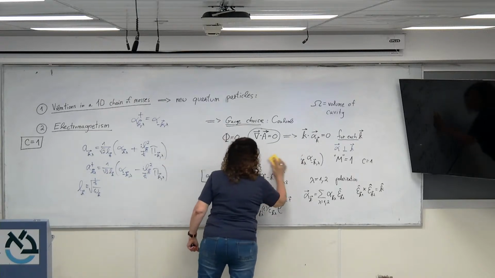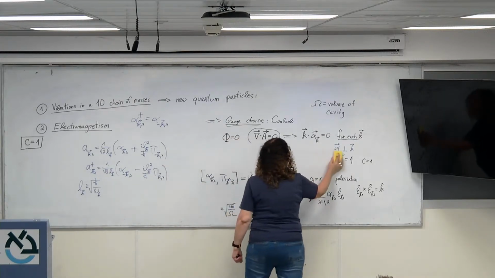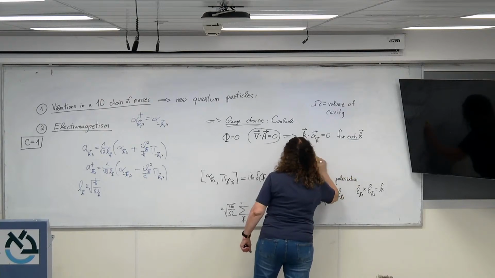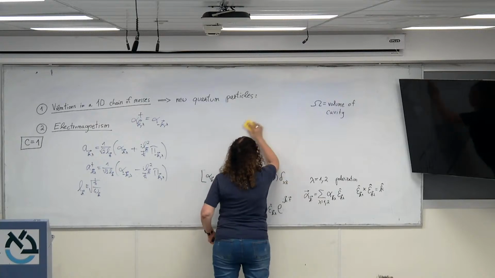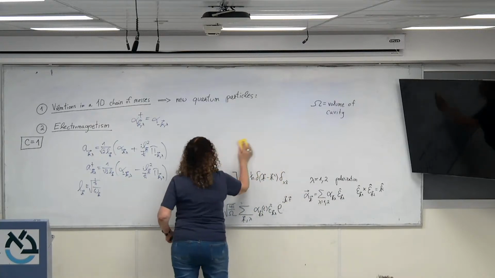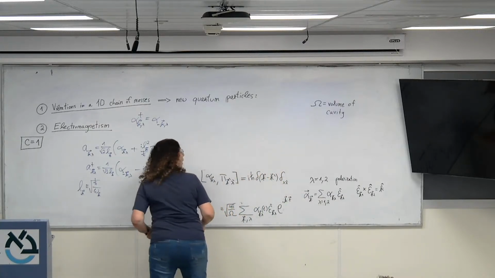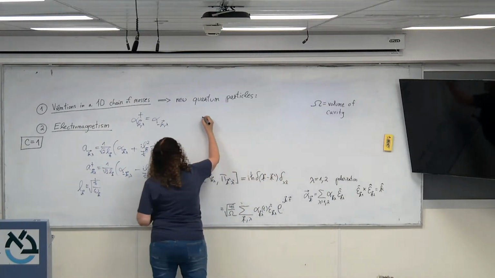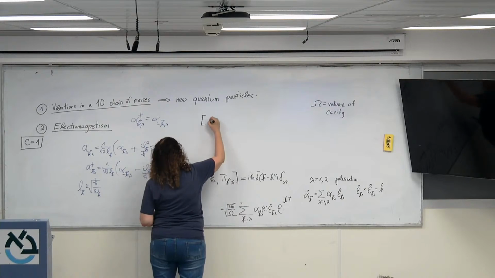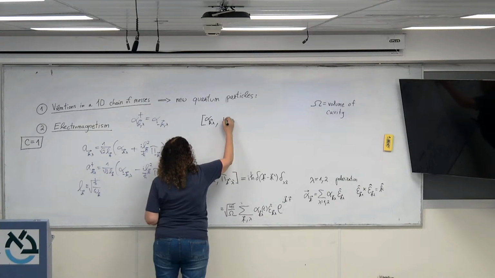One more thing that I want to stress, in this we can already erase as well. There's one more thing I want to mention, and that's the canonical commutators of alpha and pi.